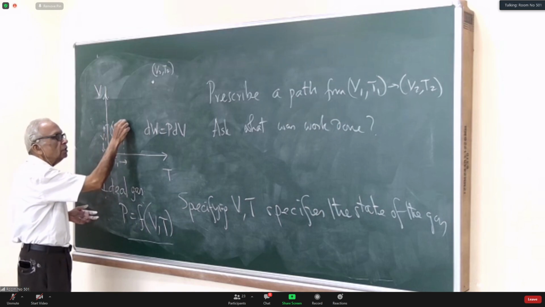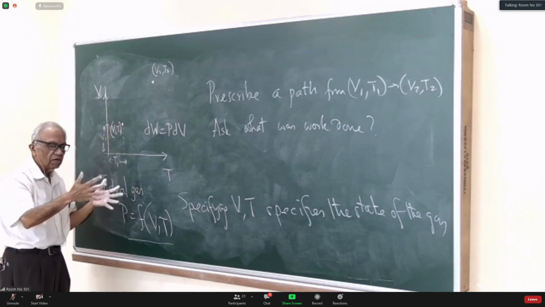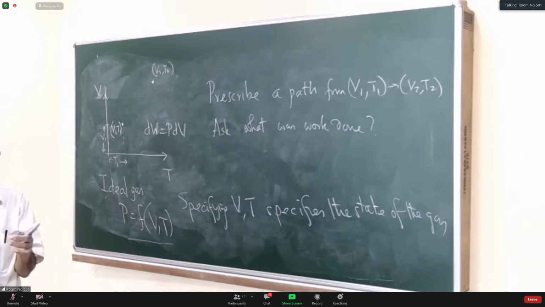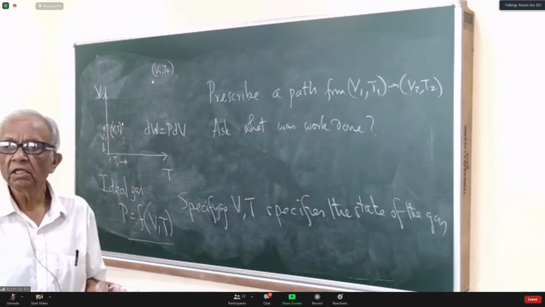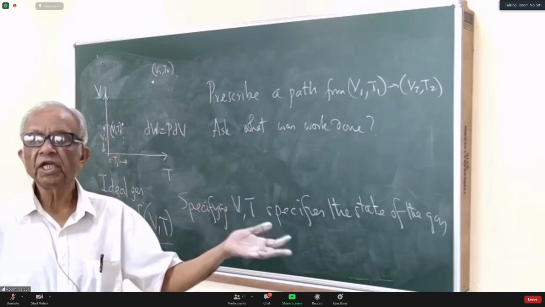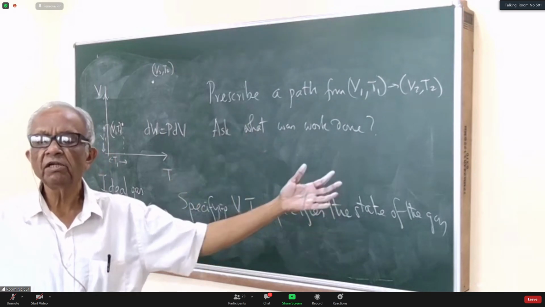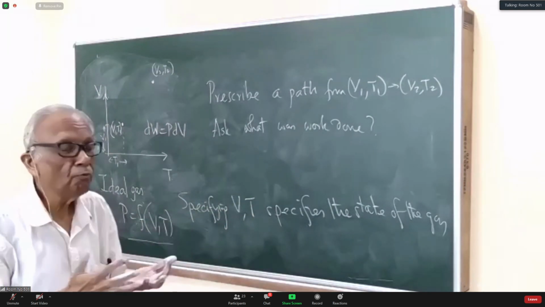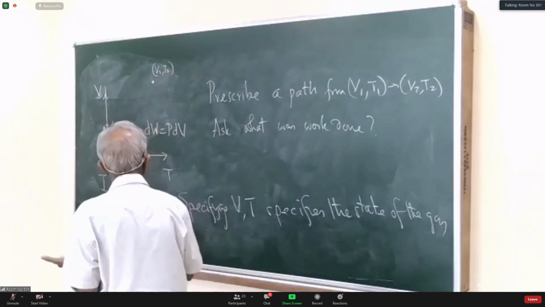At the next point, you have P1, V1, T1, but it is still P1 equal to f(V1, T1), because you waited for an infinite time.